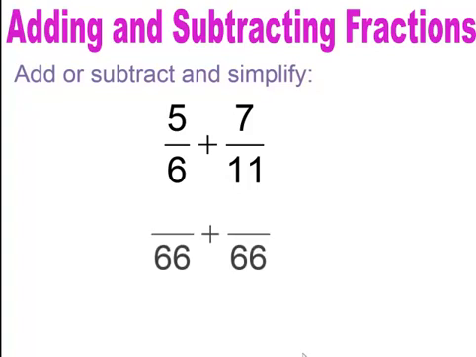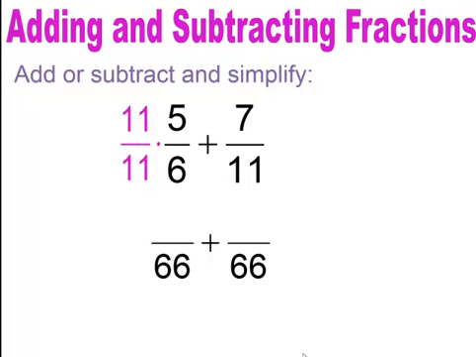So in this case, 6 does not divide into 11, but 11 is a prime number. So the only way to get the common denominator is to multiply 6 by 11. So I get 66. I have to convert both fractions because neither one of them has the denominator of 66. So the first fraction I'm going to multiply by 11, so I get 55 over 66.